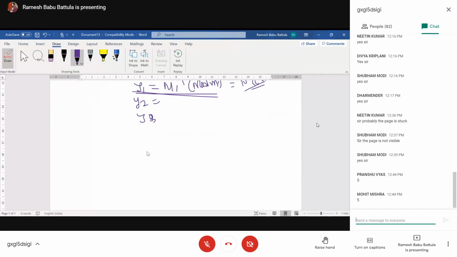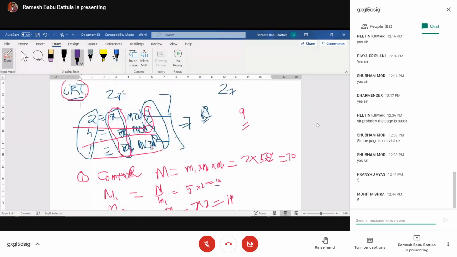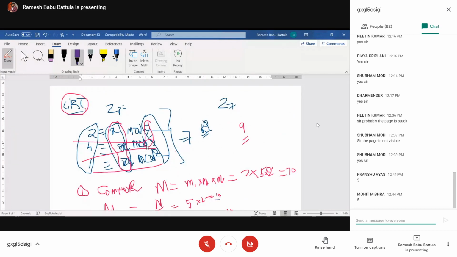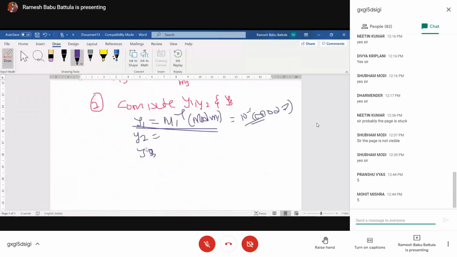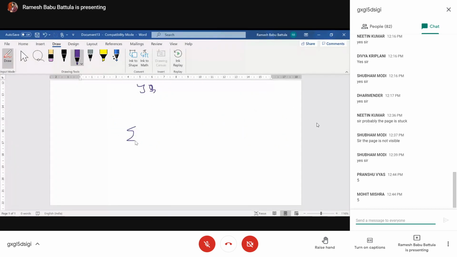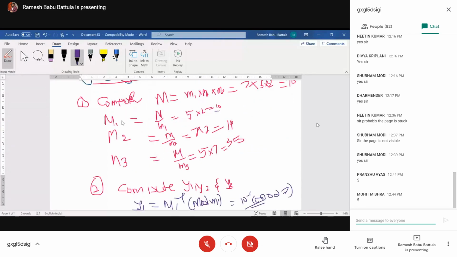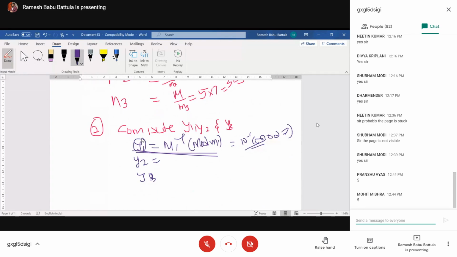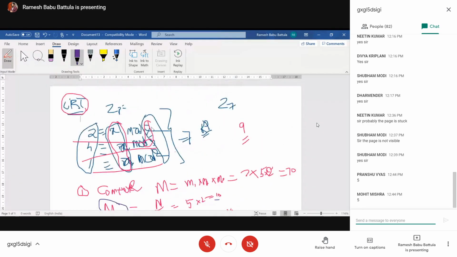After that, what do you need to do? The summation of all these three values. You find the m1 value, you find the y1 value, and you have the mi value. With the help of these three, you need to write a formula and apply the mod operation of your capital M, so that you will get back the result.